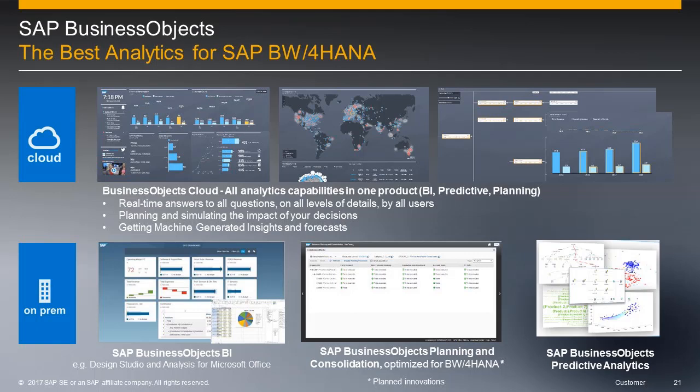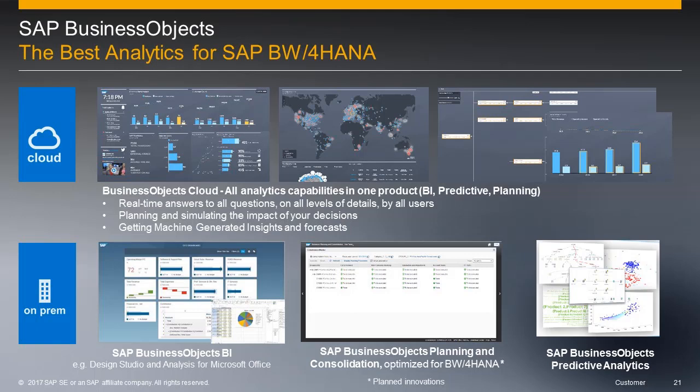The thing to note is BEx is not supported with BW for HANA. So that doesn't mean you lose all your queries. They are transferred automatically, but you don't have that capability. You have to use a different tool.